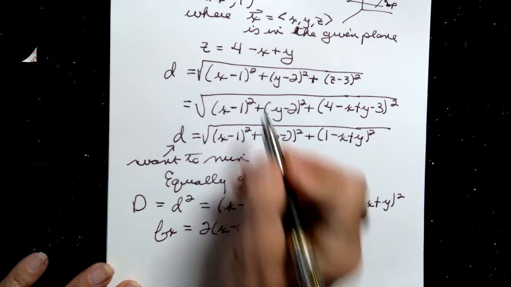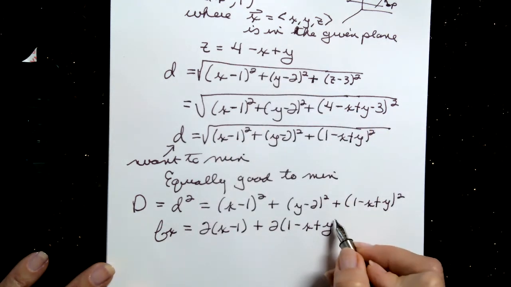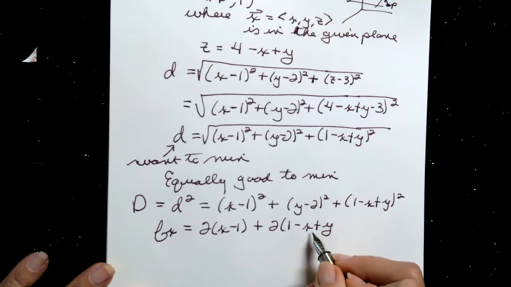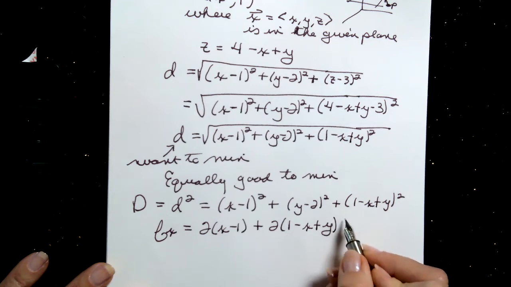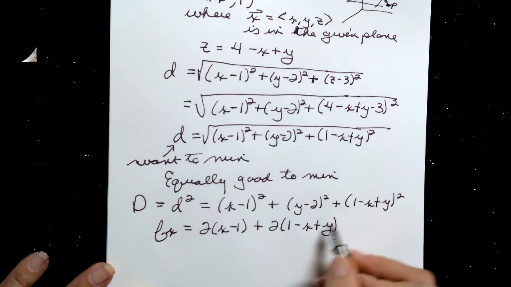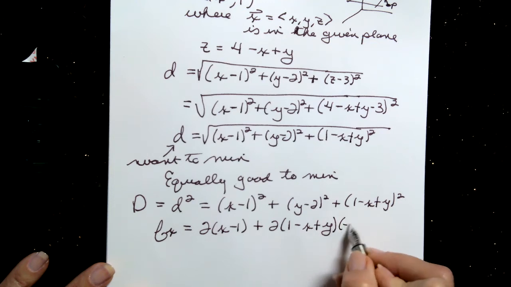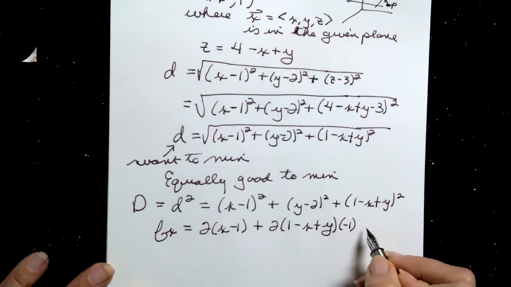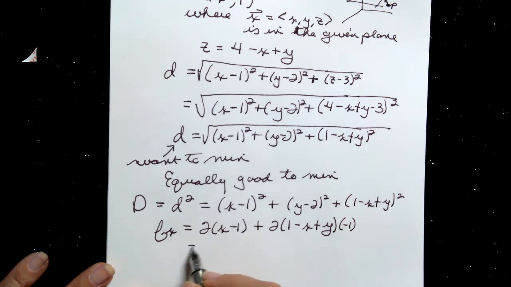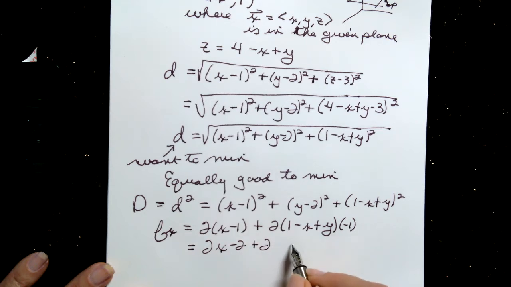That's really important. Okay, so this is 1 minus x plus y to the first power times the derivative of what's inside with respect to x. So that's a minus 1. And so let's simplify that a bit. So that gives me 2x minus 2, minus 2 plus 2x minus 2y.